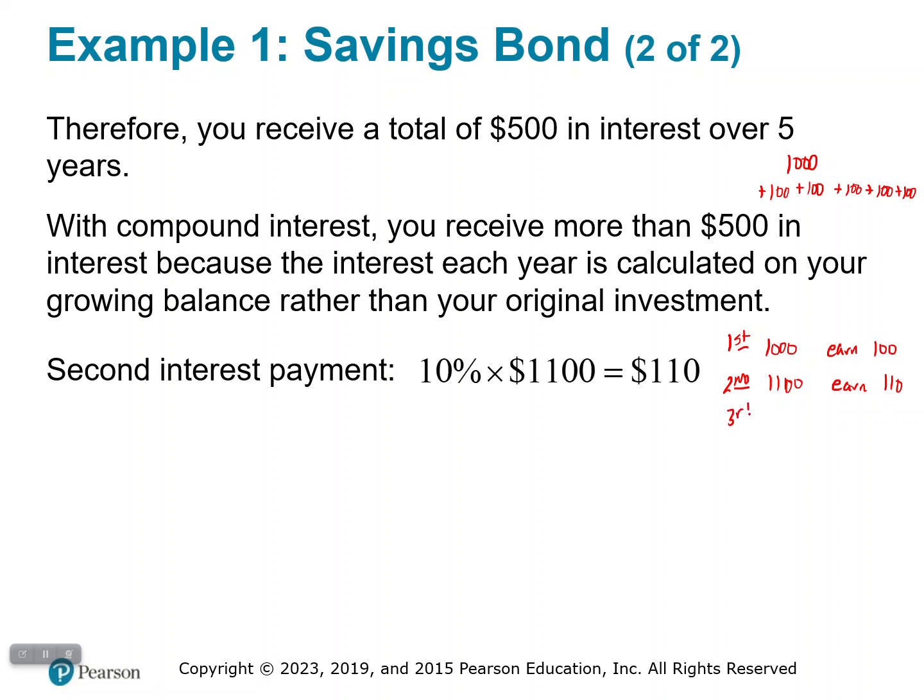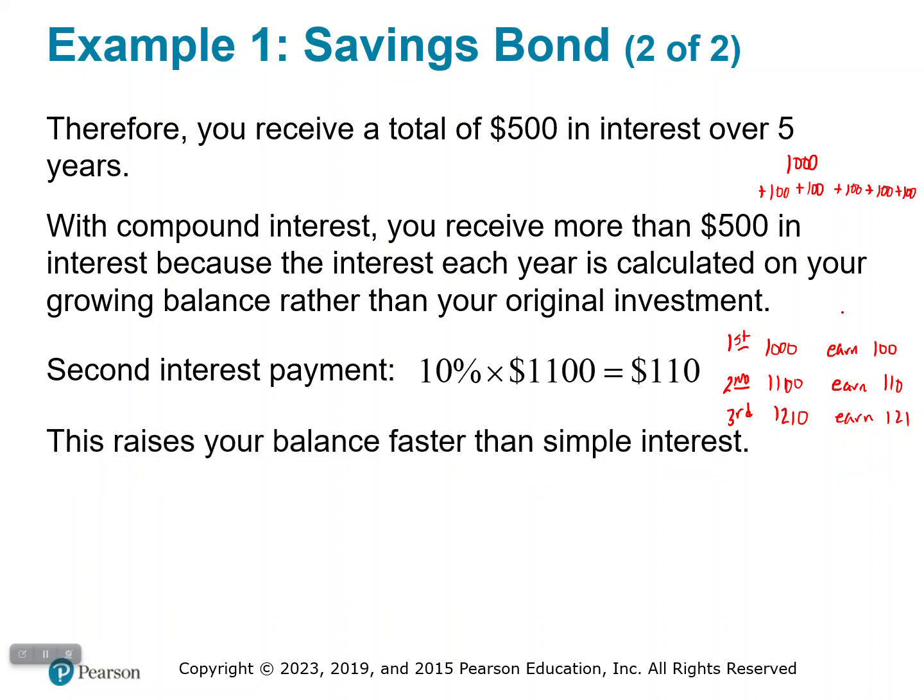So in the third year, now you'll have $1,210, and you will earn 121 in interest. So you're always earning more each year because you have more each year. So compound interest raises your balance faster than simple interest when you're saving money.